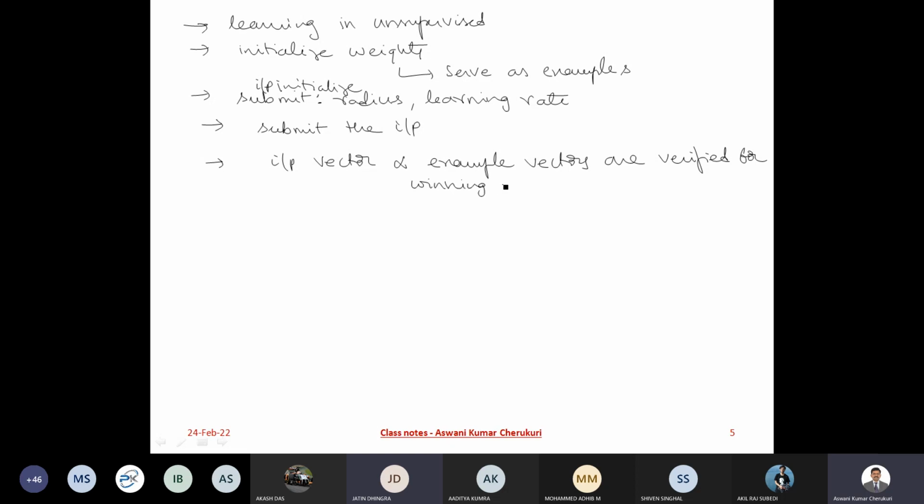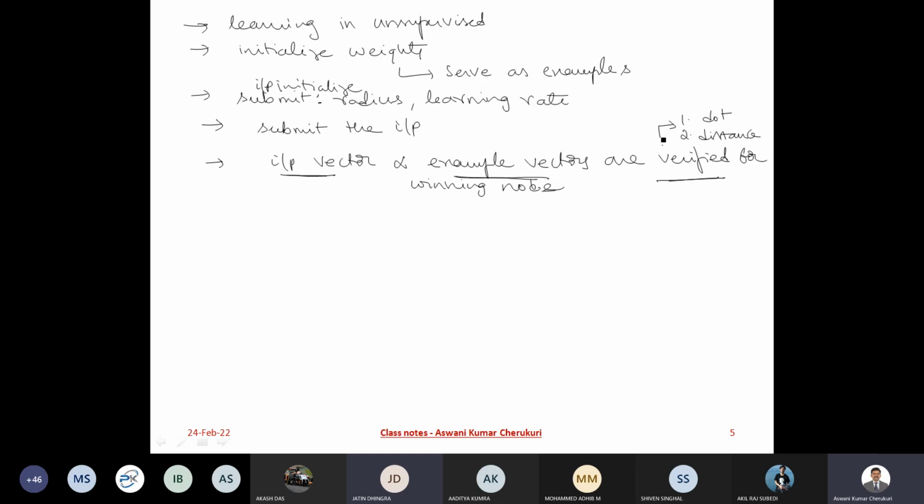When I say verified, we said your winning node is calculated either number 1 through dot product, or number 2 through distance. So either you perform the dot product between the input vector and the example vector, which is nothing but your weight vector, or else you calculate the distance between the input vector and the example vector and identify the winning node.